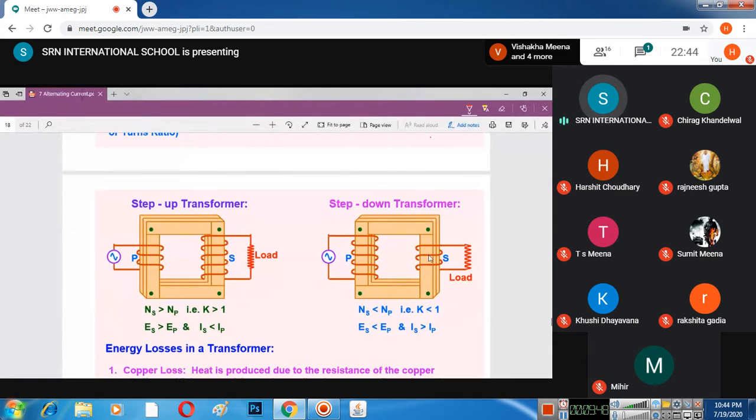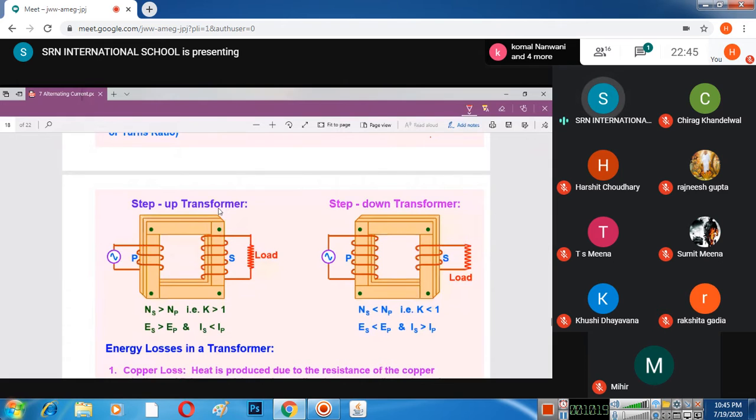We can decrease the potential by reducing the number of turns, because ultimately the number of turns play a role in the amount of induced EMF. If we decrease the number of turns, the amount of EMF induced is less. So the step down transformer decreases the potential, and the step up transformer increases it.